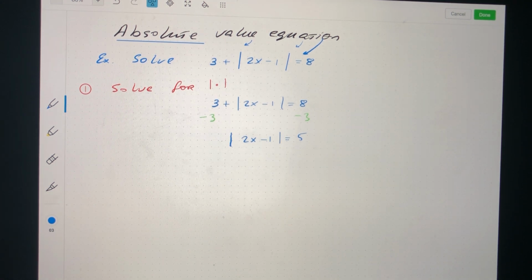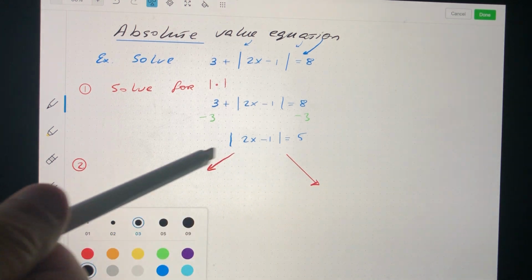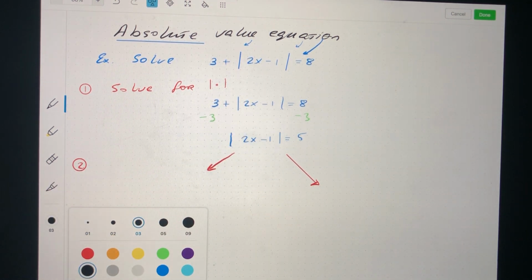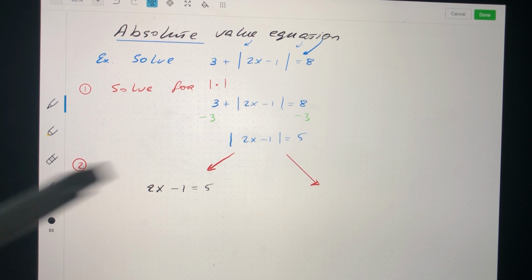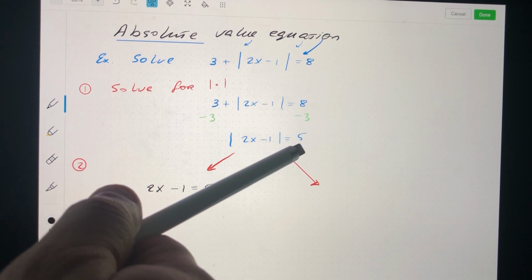That's the end. Now the second step involves splitting our absolute value equation into two parts. The first part is just like our original equation with the same signs but no absolute value. The second is exactly the same but with the opposite sign on the 5.